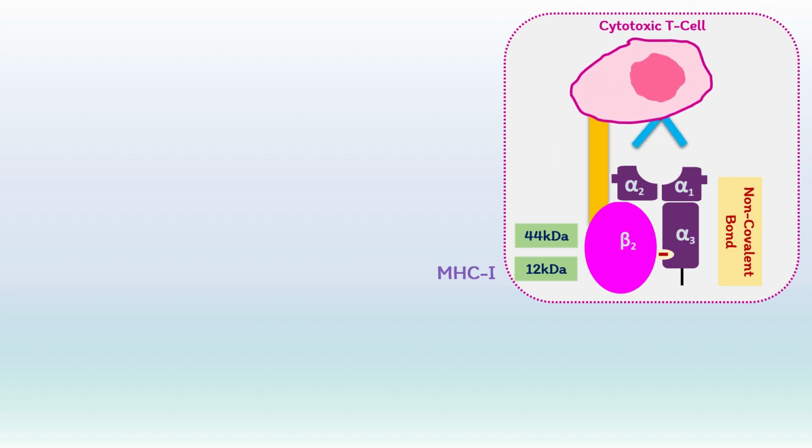Alpha 1 and alpha 2 make a groove to bind peptides, which is an antigen or epitope. Cytotoxic T cells also have a T cell receptor, which binds with the alpha 1 and alpha 2 that will determine the antigenicity of the peptide. And cytotoxic T cells have CD8 co-receptors, which bind with beta-2 microglobulin.